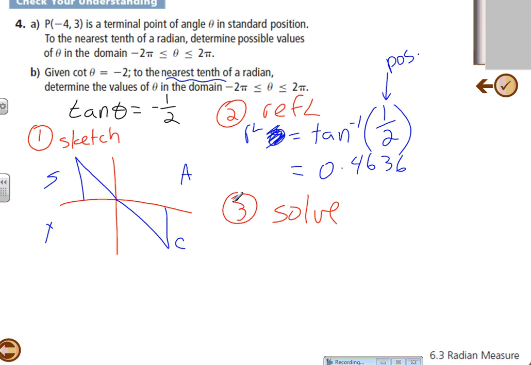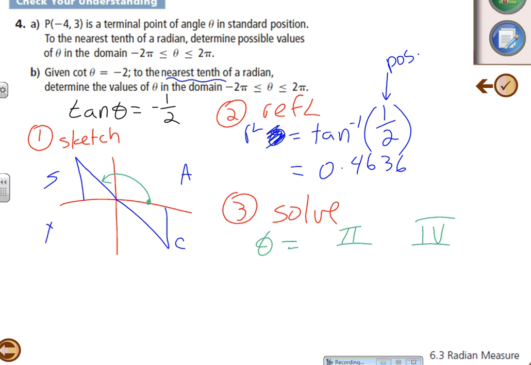And now step 3 is solve. This is where we do our driving. So I start and go in the positive direction first to 2 pi. Oh, ran into the tree there. Stop. Quadrant 2. So in the positive direction, I've got a quadrant 2 answer and a quadrant 4 answer. In quadrant 2, I know that's pi minus the reference angle. So pi minus 0.4636.